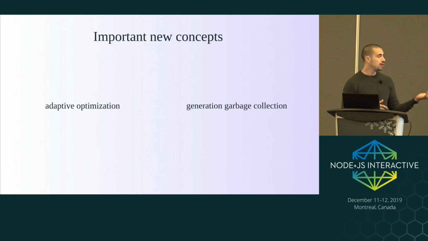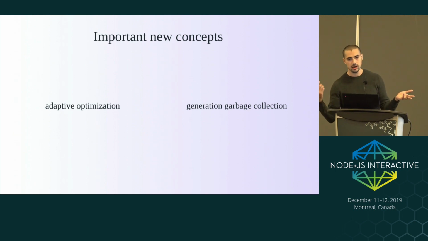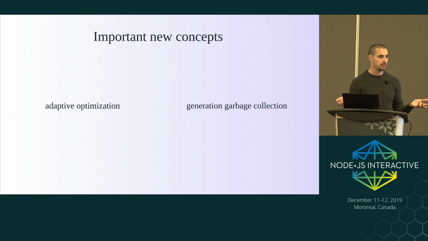On one side, adaptive optimization, and on the other side, generational garbage collection. These two concepts transcended Self and were later applied to the JVM and are present in all major browsers we have today, with some differences.